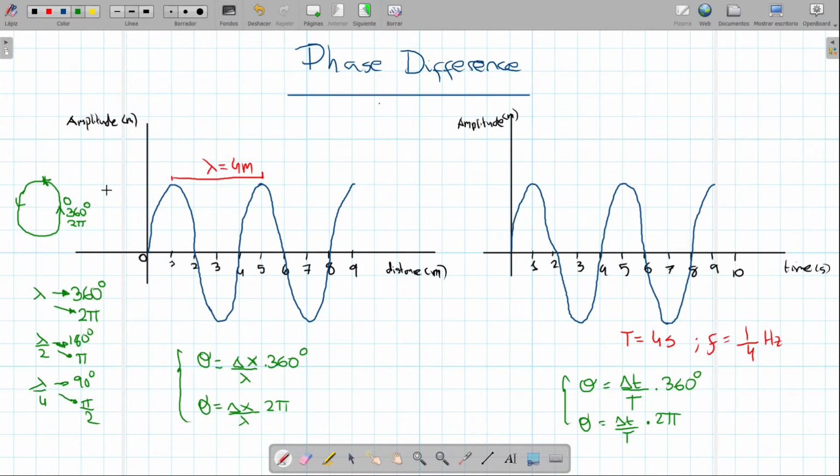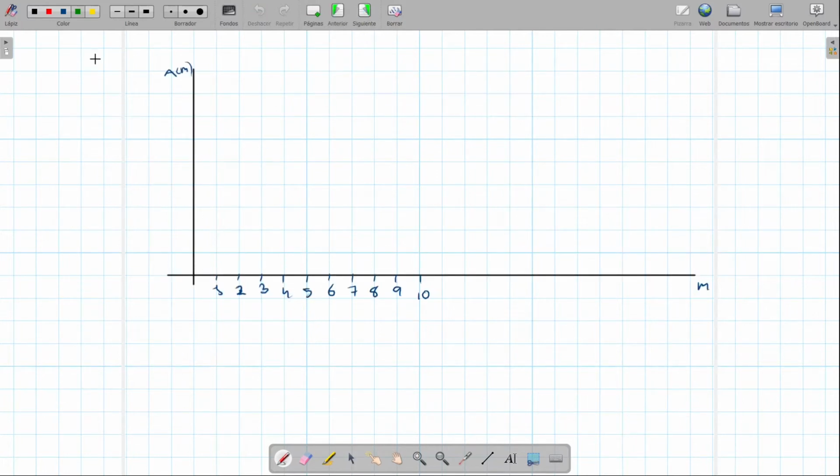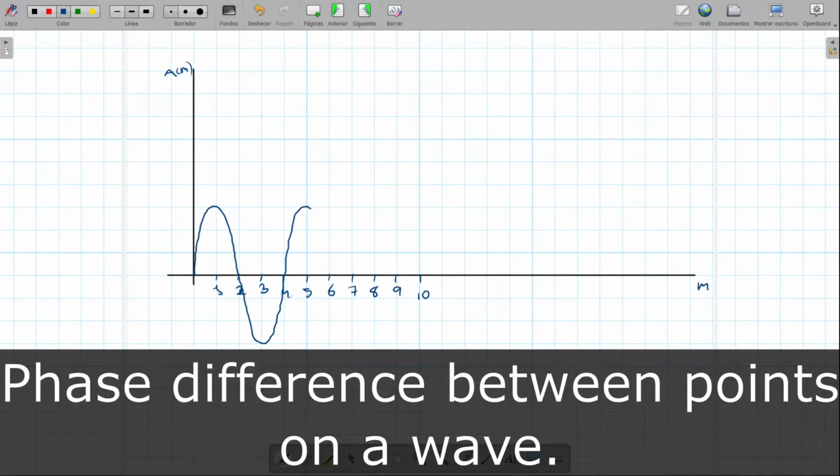So for example, let's consider again the wave that we had, which was something like this.